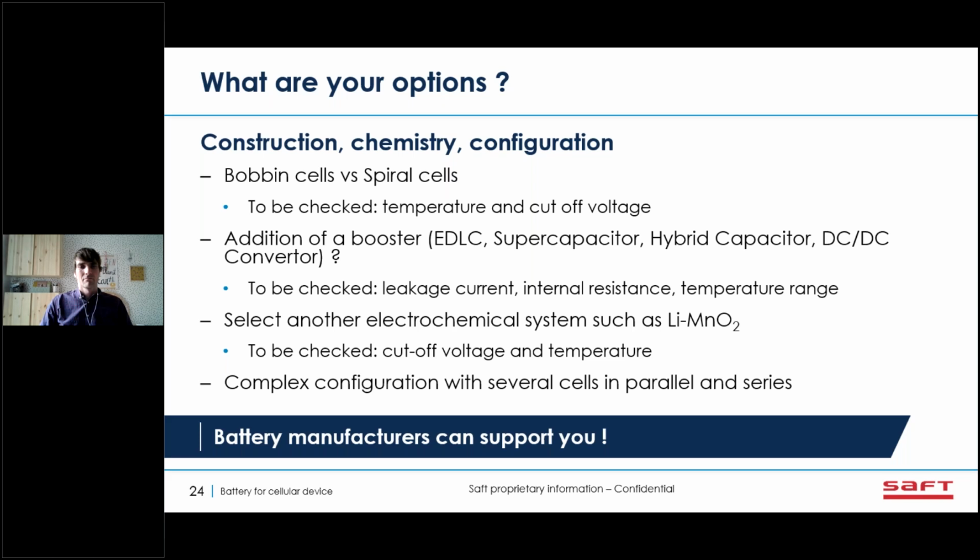And also the nominal voltage of the chemistry is not 3.6 volts, it is 3 volts nominal. You have other possibilities, such as more complex battery pack configurations with several cells in series or in parallel. The battery manufacturers can help you on such possible solutions.